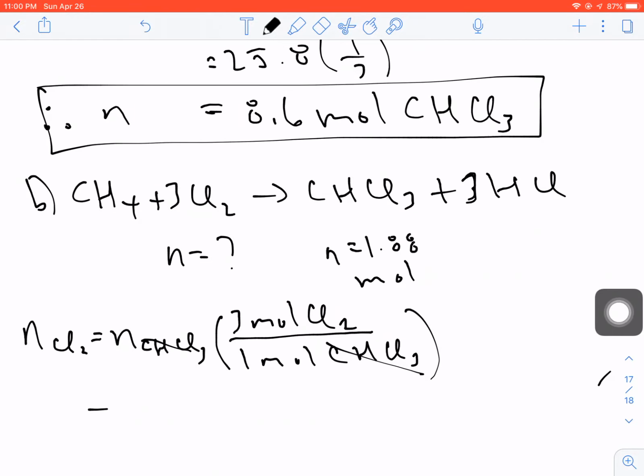So 1.88 moles of chloroform times my 3 to 1 ratio is equal to 5.64 moles.